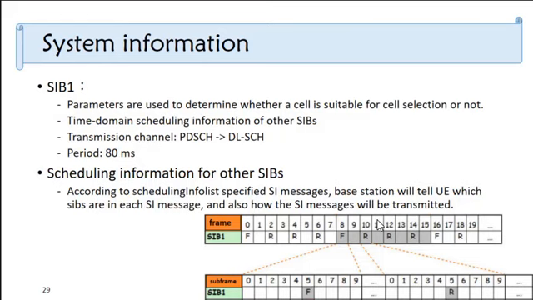We have SIB 1 to 19, I think, but not all SIBs are necessary. For example, SIB 13 is for MBMS, so if you don't need MBMS, you don't need SIB 13.